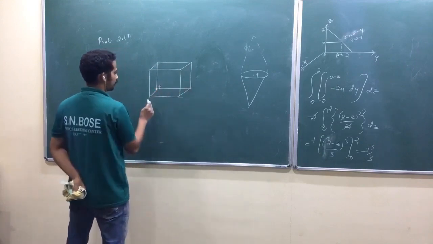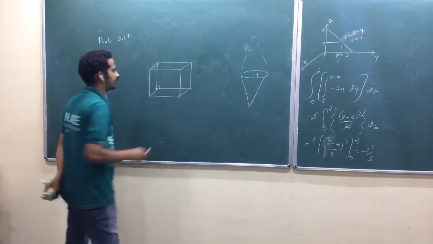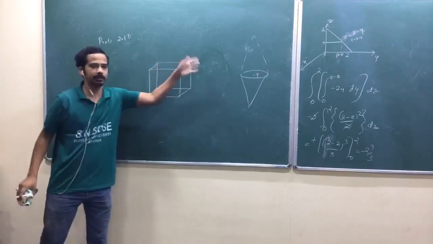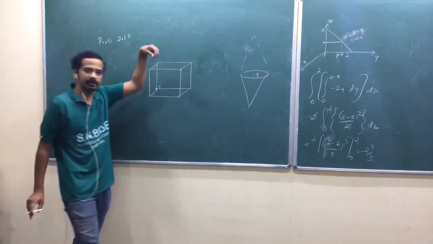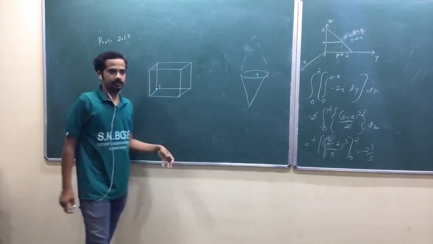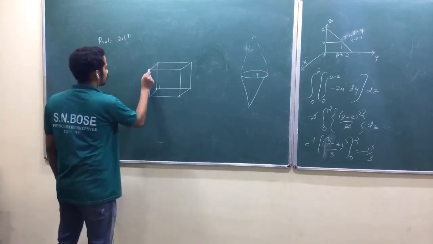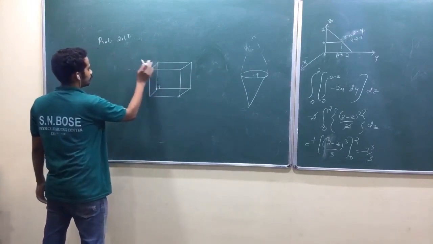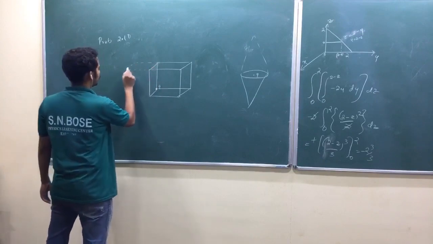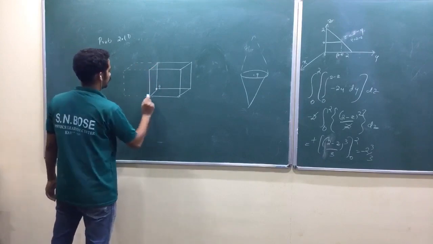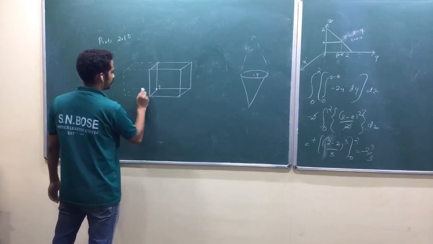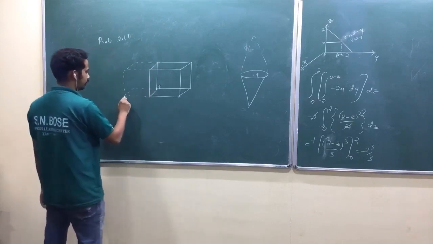Q here, okay? Now I have to extend that so that this surface becomes a symmetric part, and Q should be at the center of that symmetry. So that's why I'm going to extend this one. I'm going to make it one more cube. So one more cube here, then below.